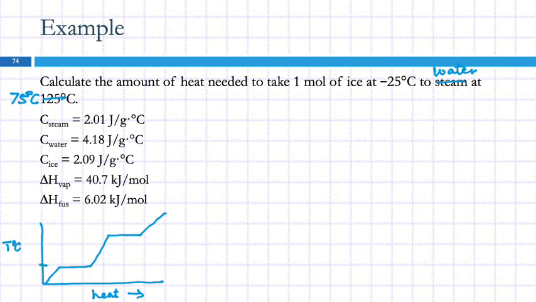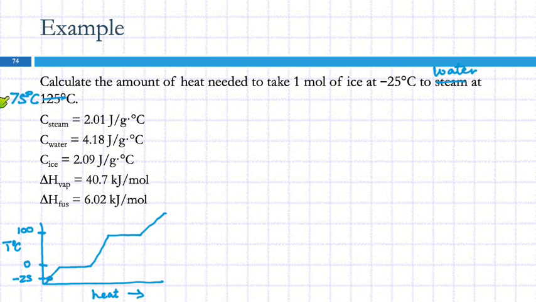And identify the freezing melting point, and the boiling point. And then identify, well, what's your starting temperature? Well, we're starting at negative 25. So that's going to be down here somewhere. So I'm going to start there.